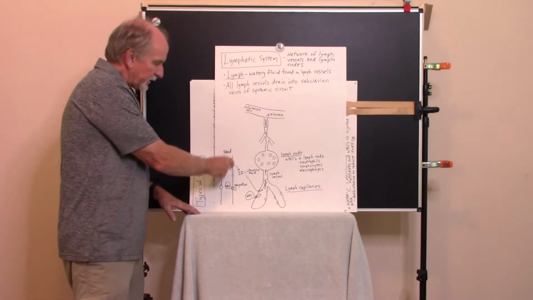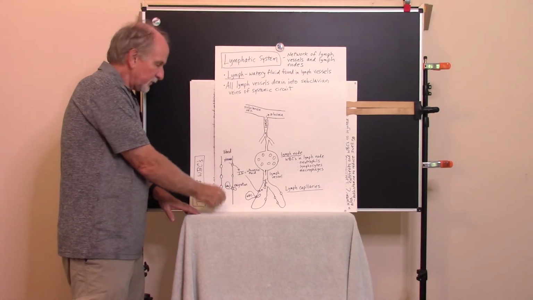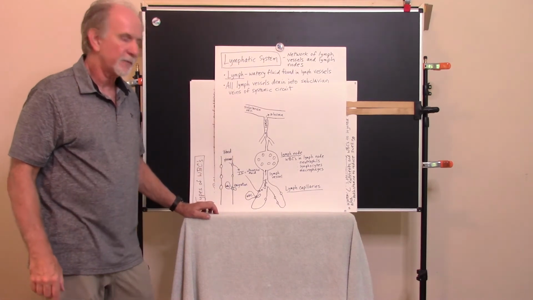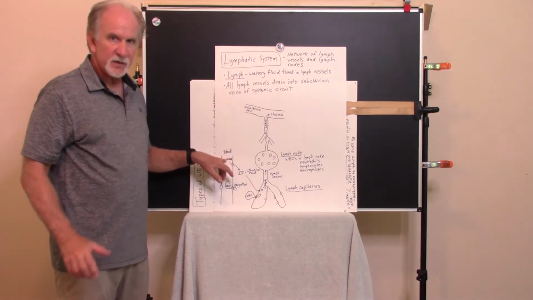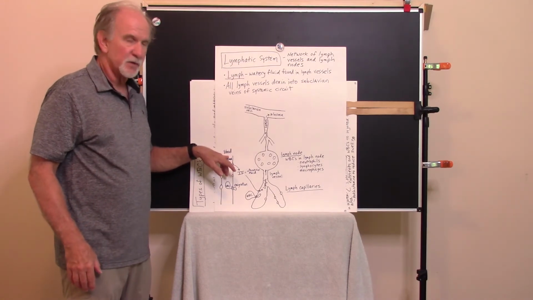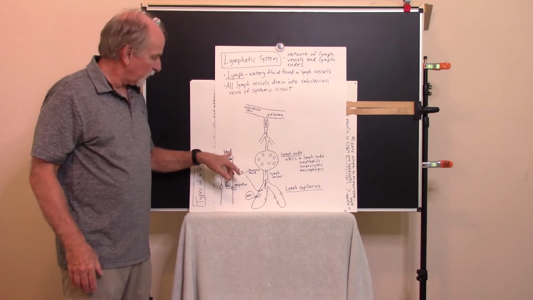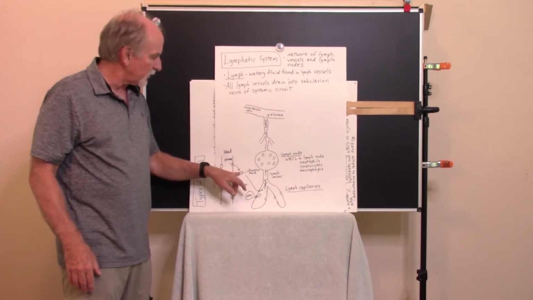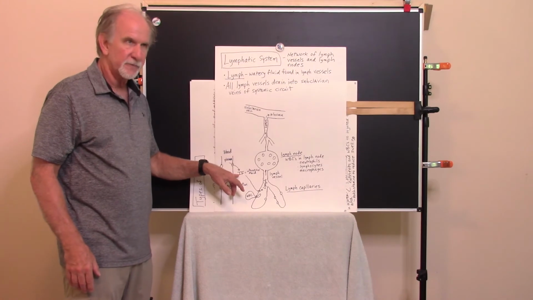So this would be a blood capillary or capillary associated with the blood vascular system. And plasma is the fluid component of blood. When some of the plasma leaks through holes in capillary walls out of blood vessels, it's now called interstitial fluid.